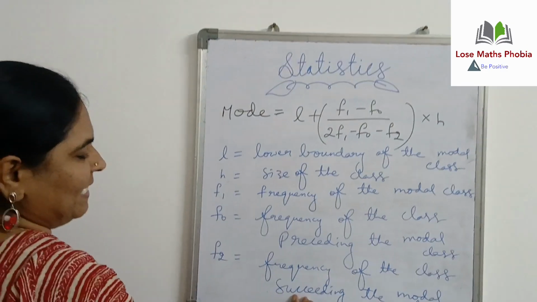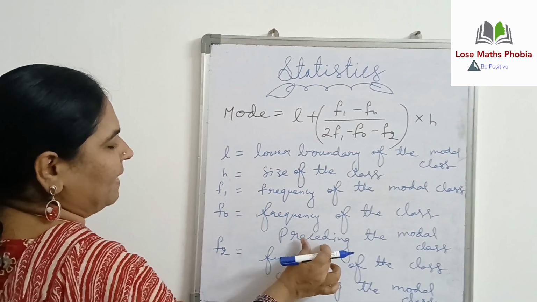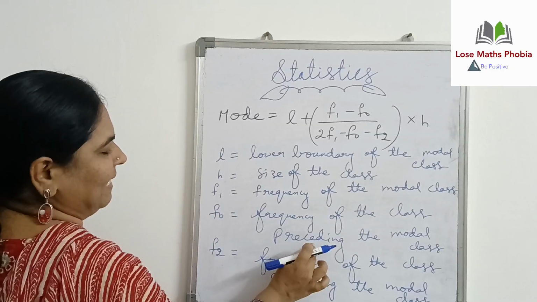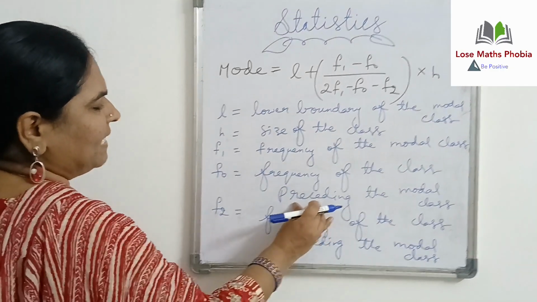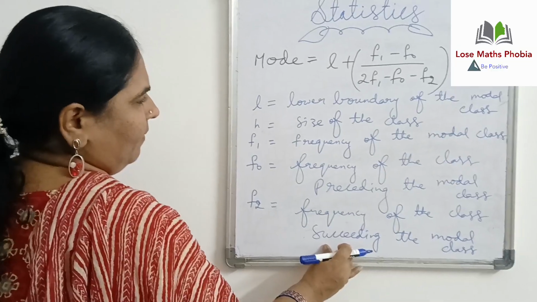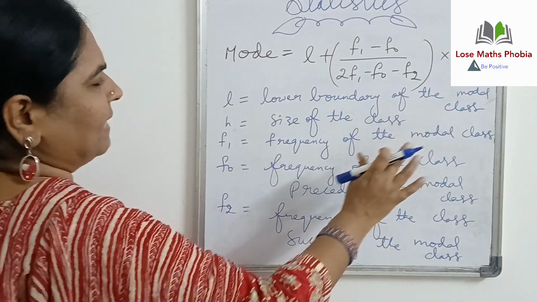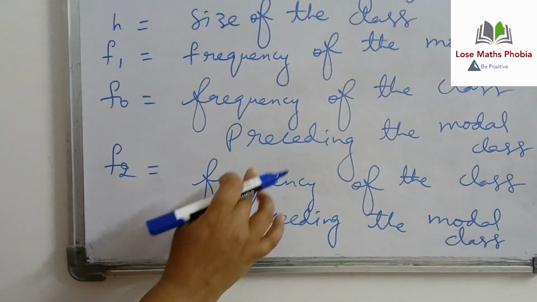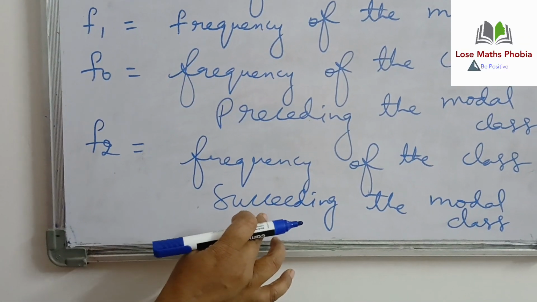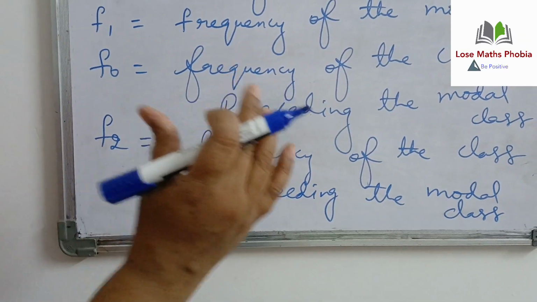Succeeding means double C, double E. Preceding means here E, C, E. Children will definitely be confusing preceding and succeeding spellings. Frequency spelling is easy, but confusion starts in preceding and succeeding only. They have to learn perfectly.